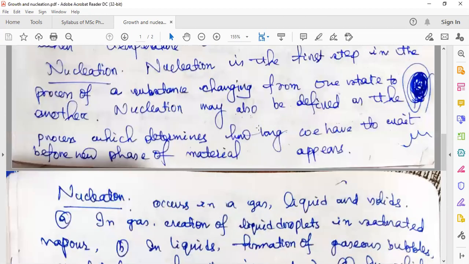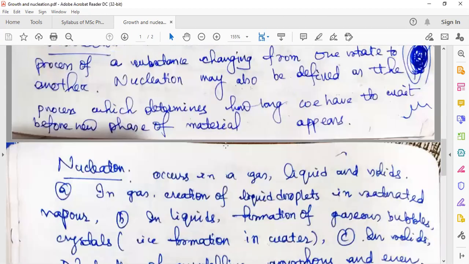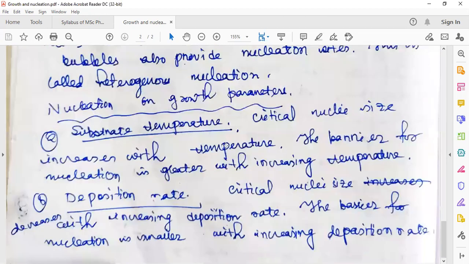So we have learned what nucleation is, and also the different types of nucleation. Now, nucleation and the growth parameters: how it depends on various growth parameters.